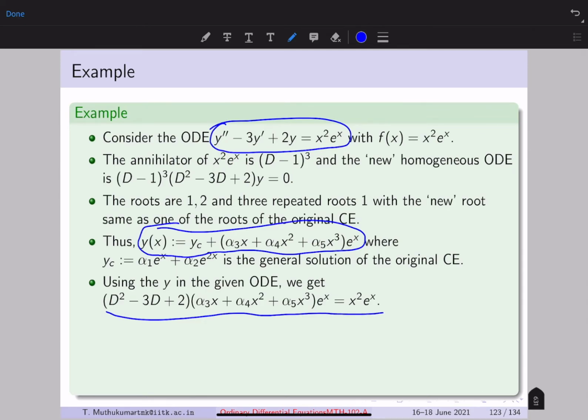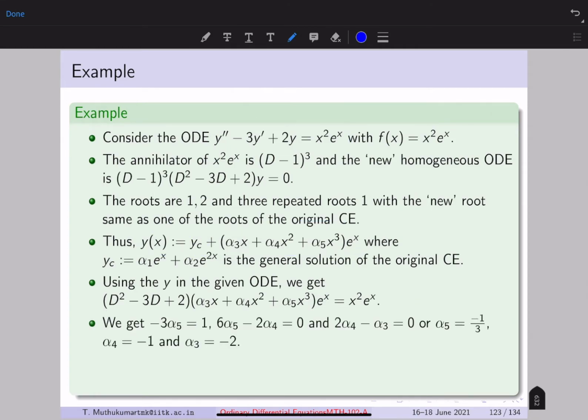right? Because this acting on yc becomes 0, so what you're left with is this. Now you apply this differential operator on this function, you will have some terms, and then you have some terms here, equate the coefficients. Okay, so if you do all that, by equating one coefficient you will get some relation between alpha 3, alpha 4 and alpha 5.